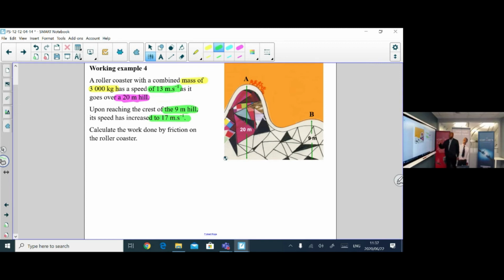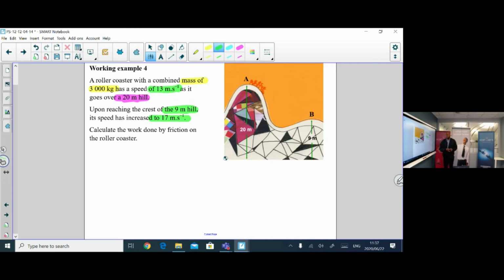Its speed has increased. The word increased, in other words, we have started somewhere, now we have changed. In other words, your final velocity is 17 meters per second. Okay, at point A, we have initial velocity of 13 meters.